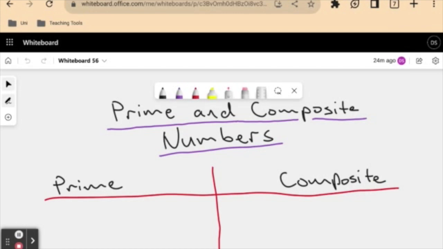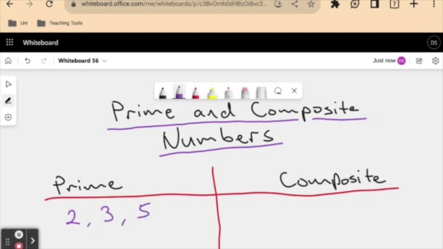Now, a prime number, the first one we're going to talk about, is one that essentially only has two factors. These factors being the number itself and 1. Because we know that anytime we multiply a number by 1, we get itself. So a couple of examples of these are 2, 3, and 5.